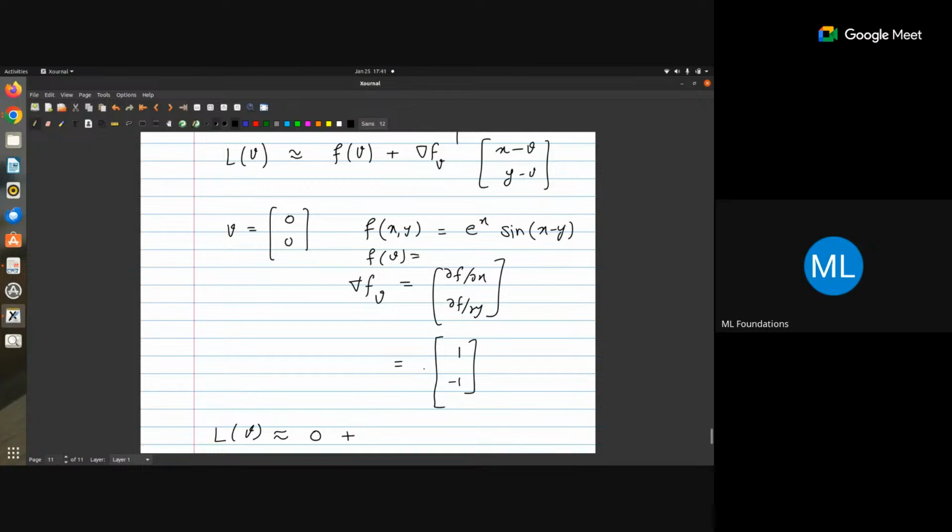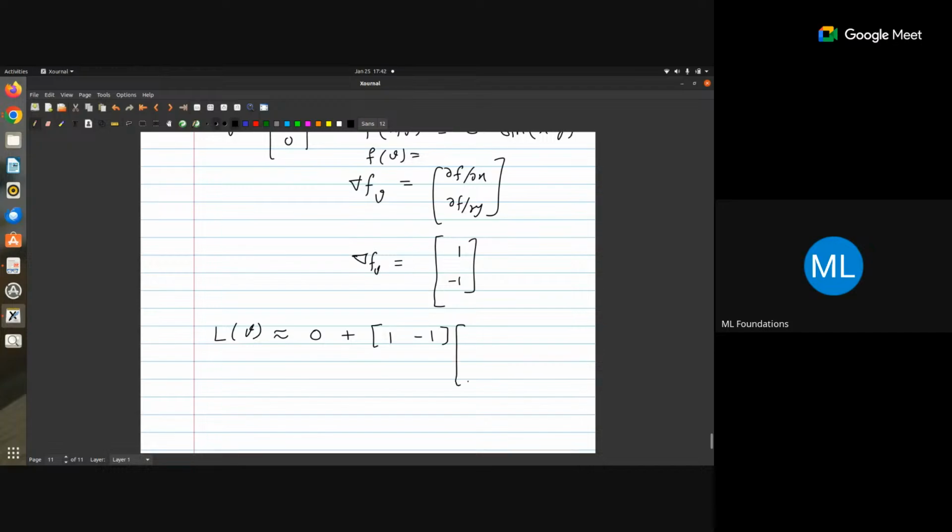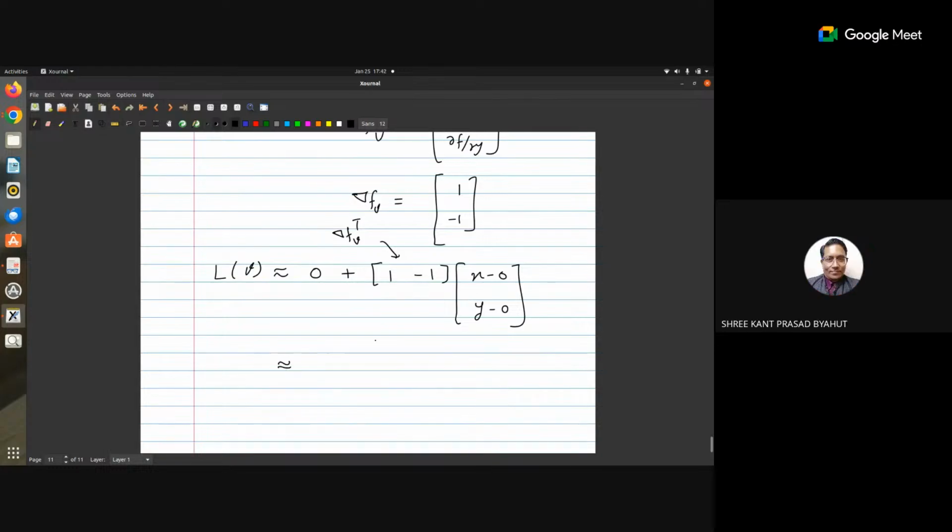So here it is 0 plus del f at v transpose, so the transpose of this vector, a row vector. This is 1, minus 1, into x minus 0, y minus 0. This is the transpose of the gradient at 0, 0. And this is x minus v, y minus v.